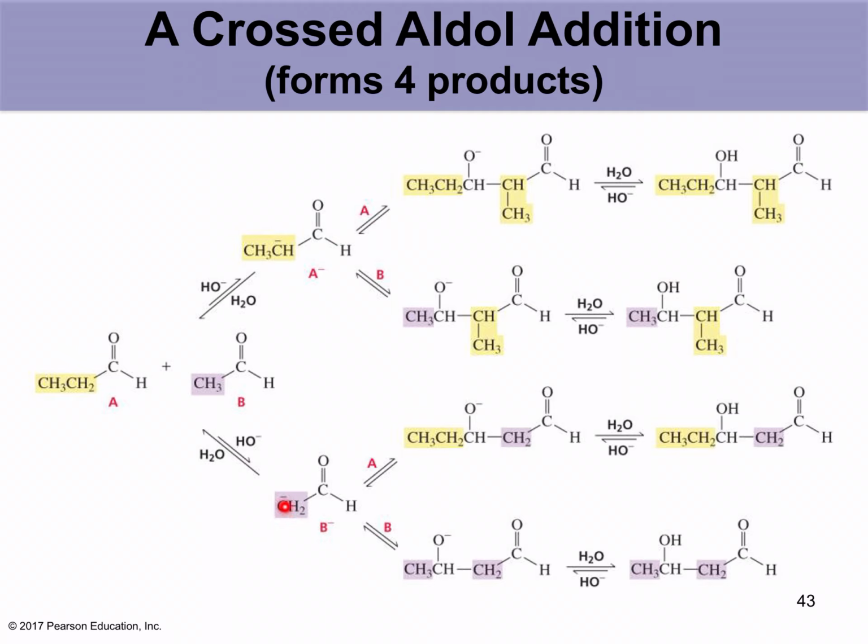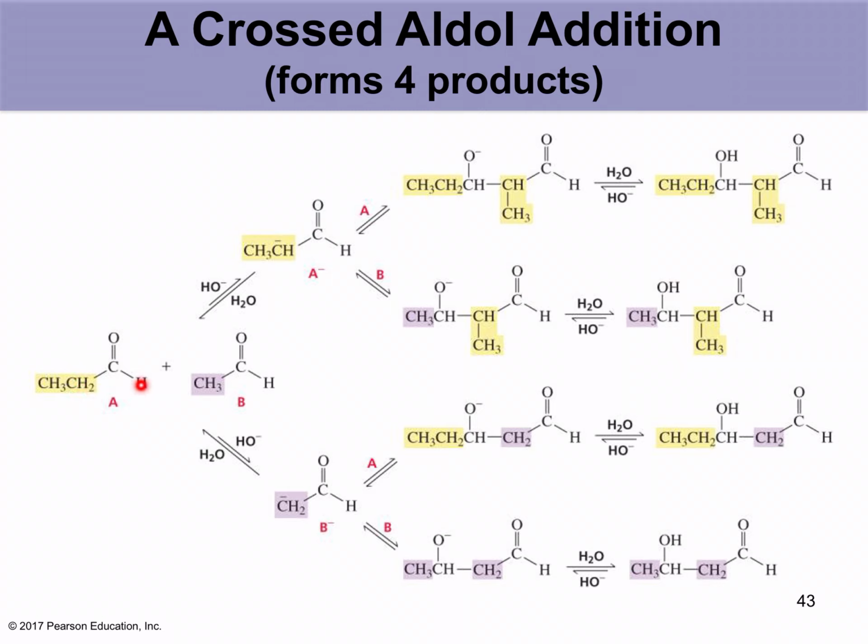This can again react with one of the A molecules and form this one. Or B can self-condense with another B molecule and form this compound. So there are 4 possible products from crossed aldol addition, having only one alpha carbon in both of these molecules.